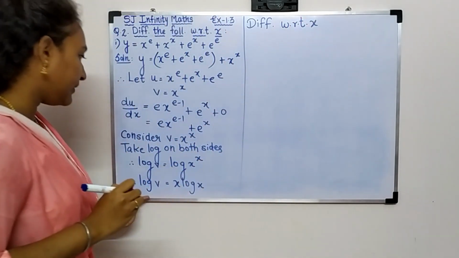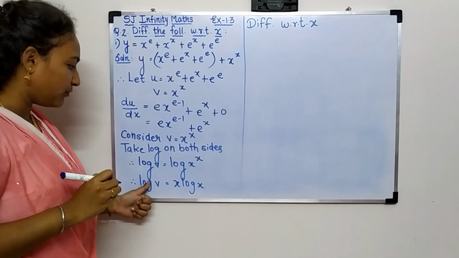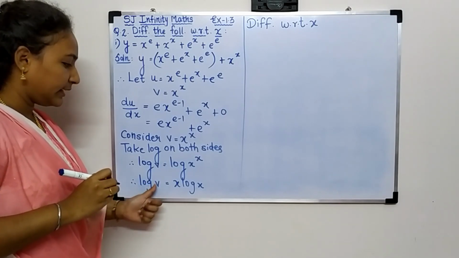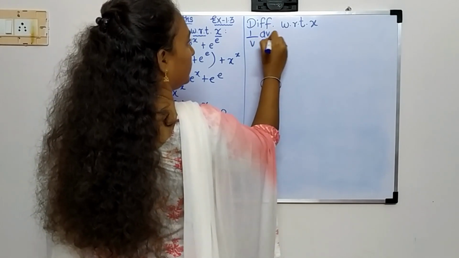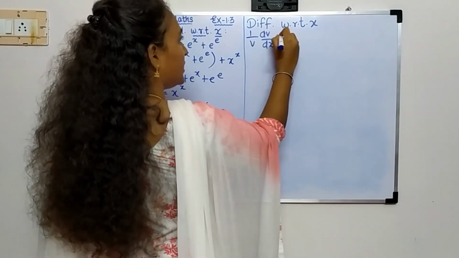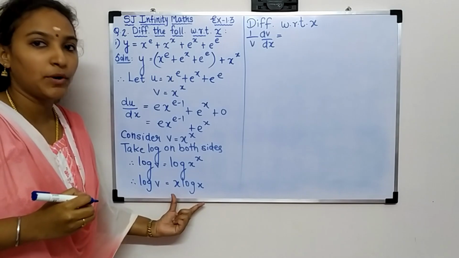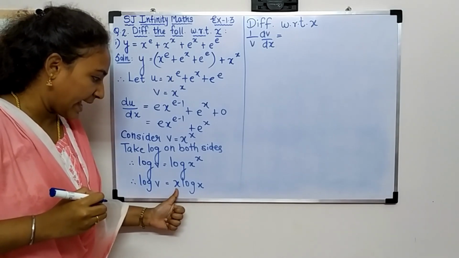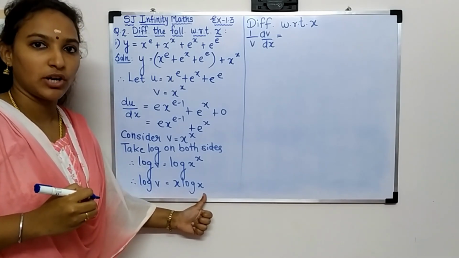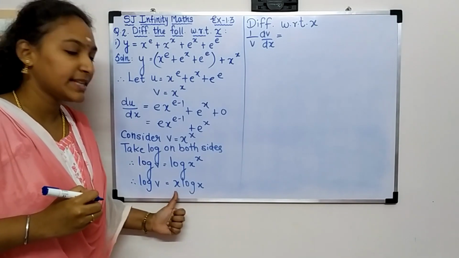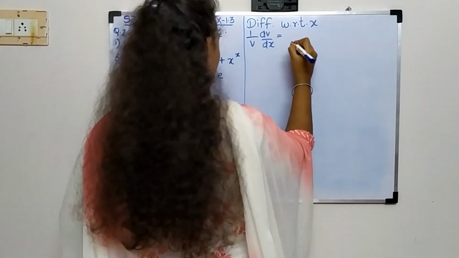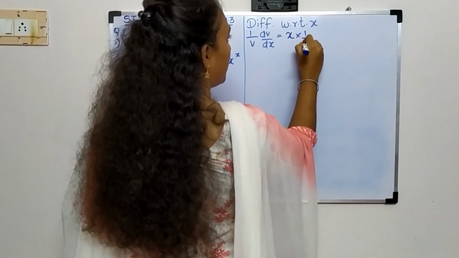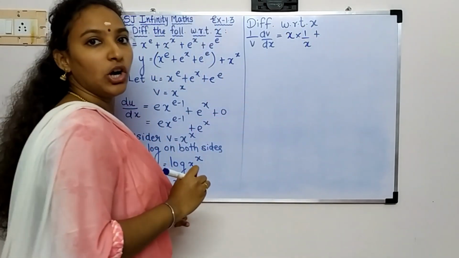Now we differentiate this with respect to x. So we get 1 upon v dv by dx, which is equal to, this is a product term. So first x multiplied with the derivative of log x plus log x multiplied with the derivative of x. That is x into 1 upon x plus log x into 1.